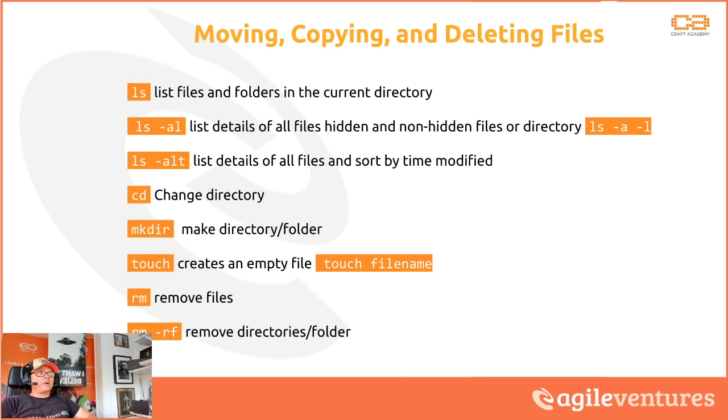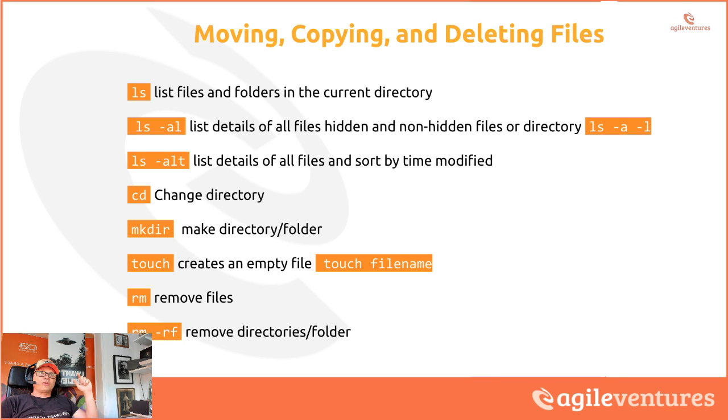ls is a command that shows you the list of files and folders in a current directory. If you want to take a look at any hidden files, and also see more info about access rights and size of the file, you do ls with a flag.